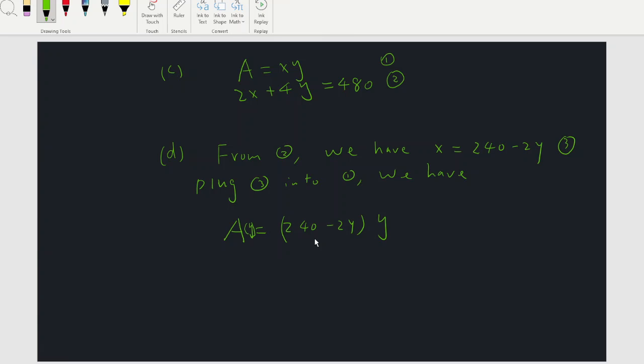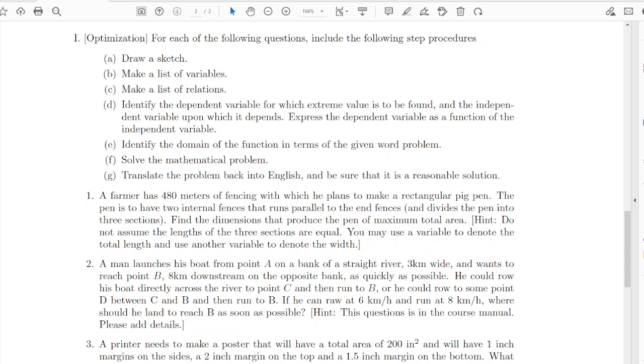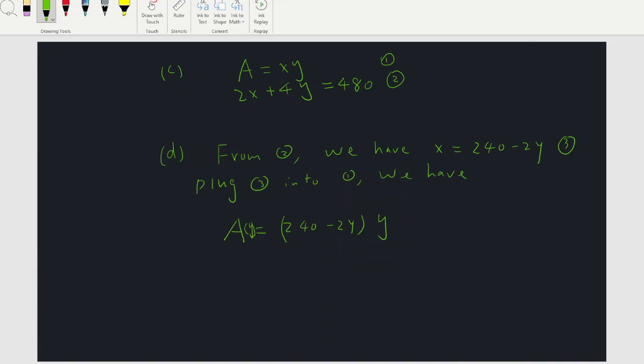So I think we have done step D. Eventually, we want to write the dependent variable, the quantity to be maximized, as a function of only one variable. That's the meaning, okay? In step E, we are going to get the domain of the function using the meaning of the question.